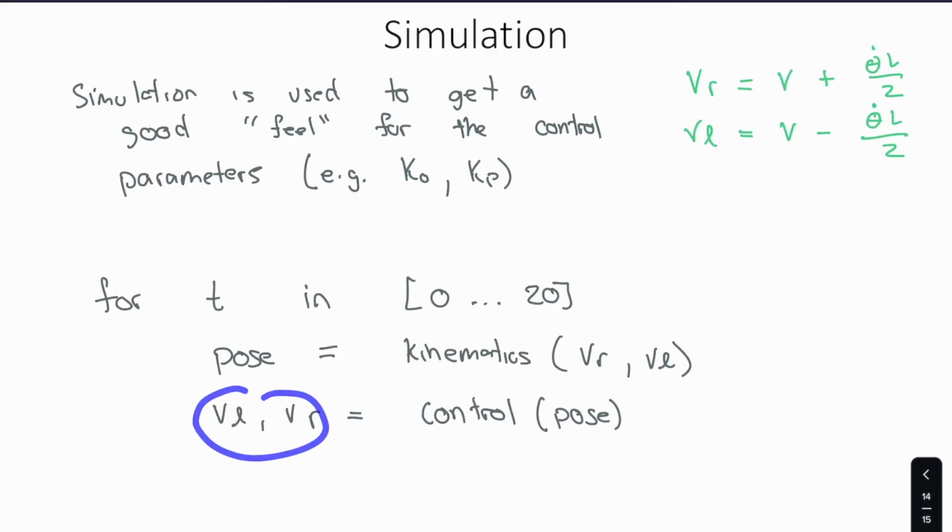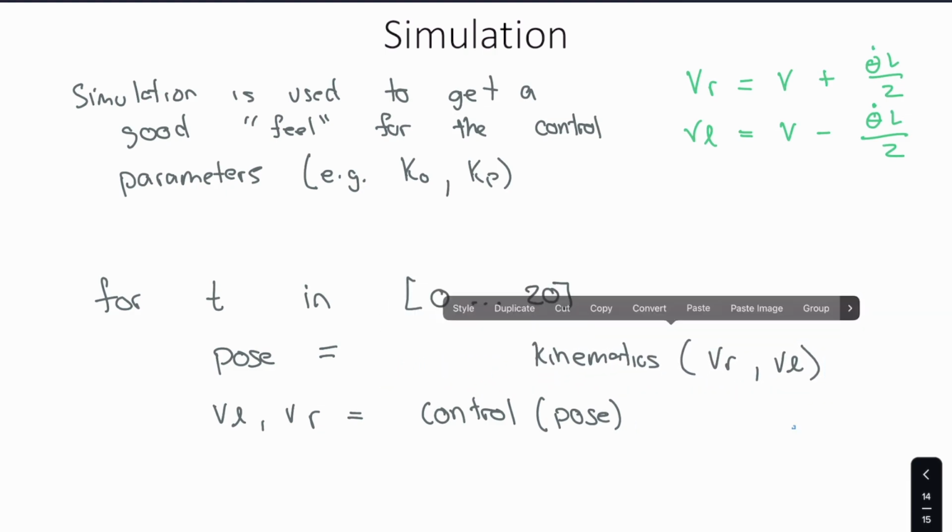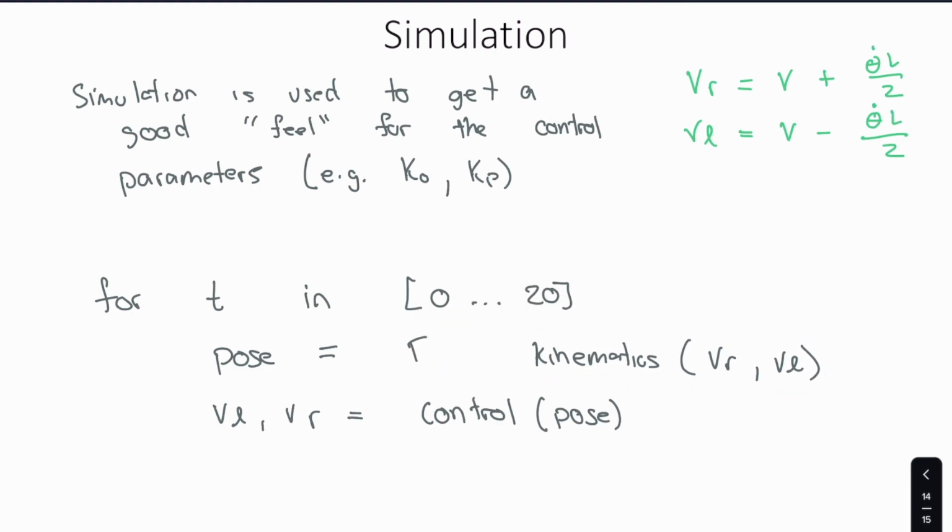Then your new values for VL and VR get put into your kinematics equation, and I should really emphasize that this is forward kinematics, so that you can update and get a new pose. So that'll be your assignment for the first part of this week.